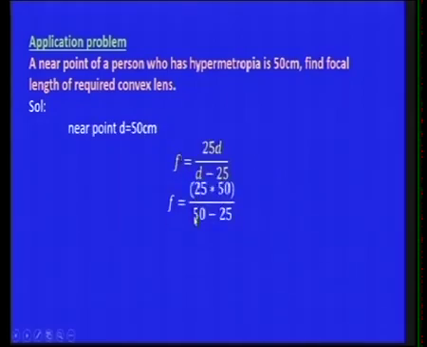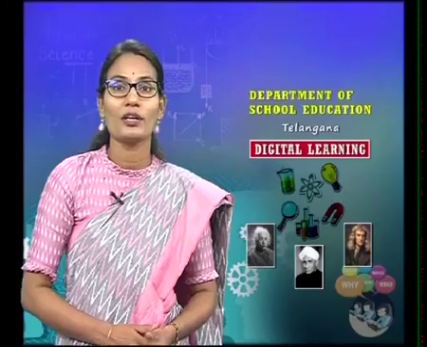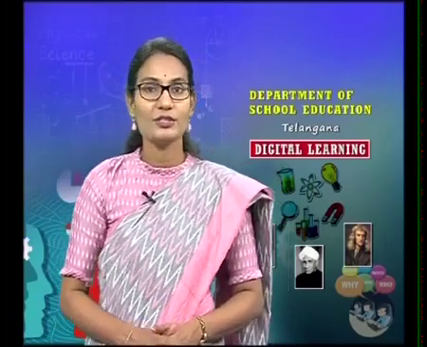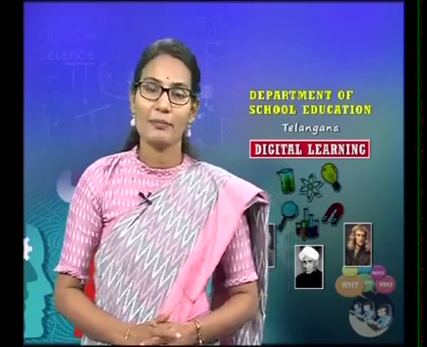Now f equal to 25 into 50 by (50 minus 25). So the focal length is equal to 1250 by 25, then the focal length is equal to 50 centimeters. Like this we can calculate the focal length of the convex lens which is used to correct hypermetropia.